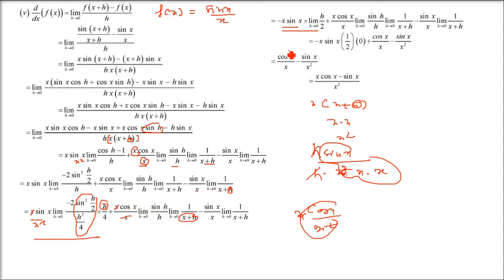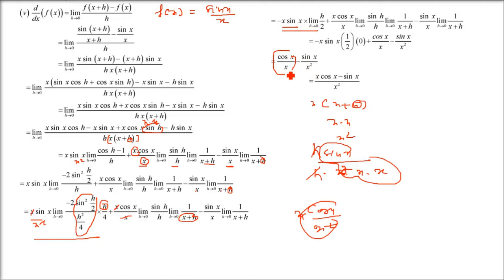Or even if you apply h times x square in the denominator, you have cos x by x. sin h by h is 1. Either you take 1 by x plus h or 1 by x square, it's the same. And for this one, sin x by x, as I told you, x plus h, you can take h as 0, or sin x by x square. So you have sin x by x square and cos x by x.